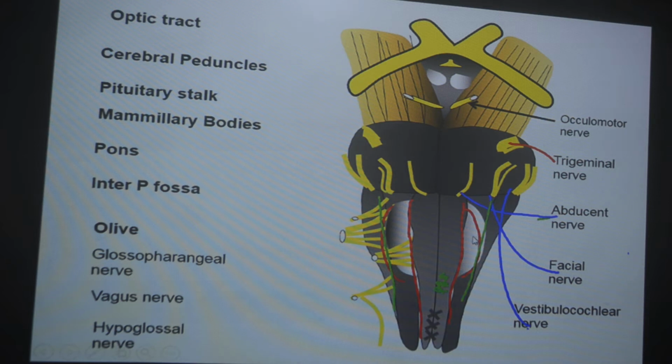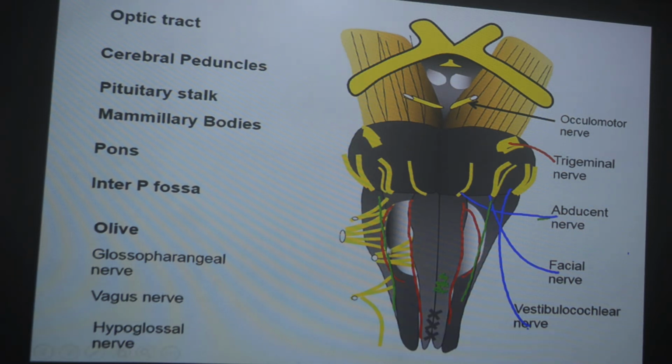Next to it, you can see this elevation, which is called the olive. It is called olive because it looks like an olive. It's an elevation here. There is a nucleus beneath it, which is called the inferior olivary nucleus. When we are going to talk about the cross section of the medulla, we would talk about what the inferior olivary nucleus is, what is the importance, what is the function. But you can make out that just lateral to the anterior median sulcus, there is this elevation which is called the olive, and the olive is formed by the inferior olivary nucleus.